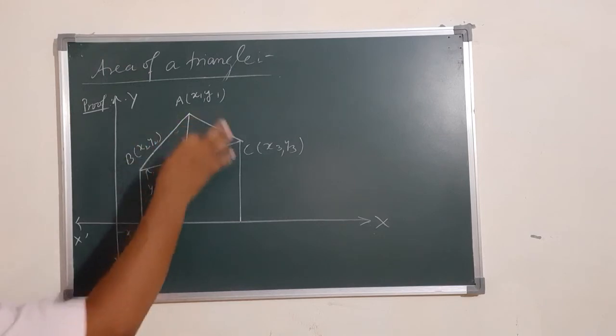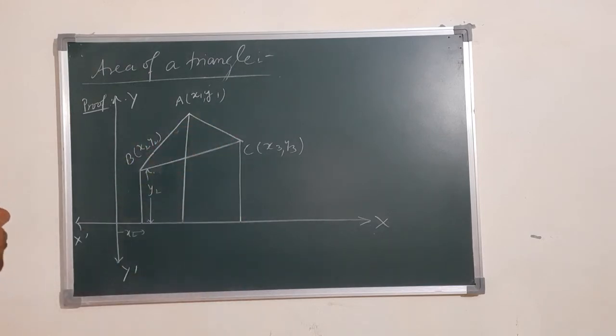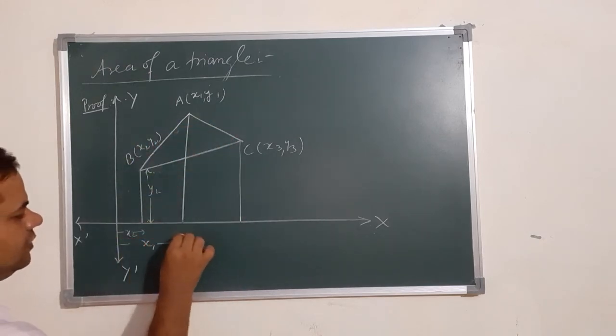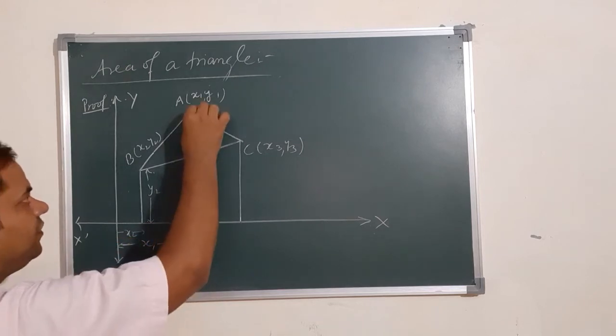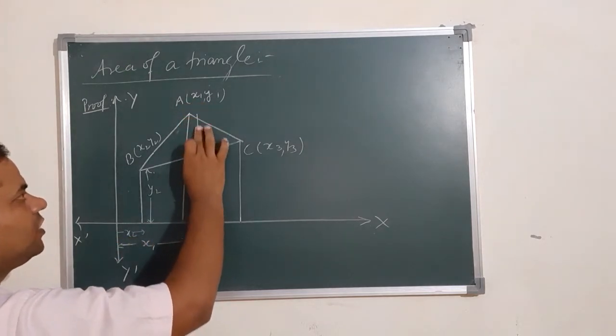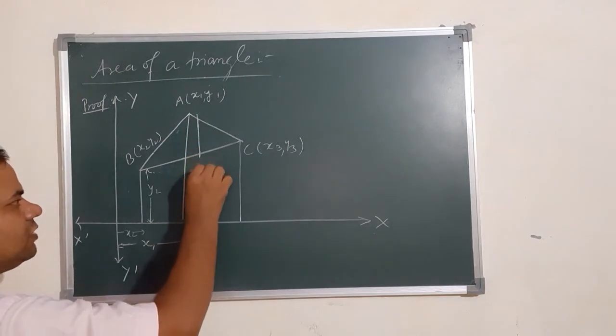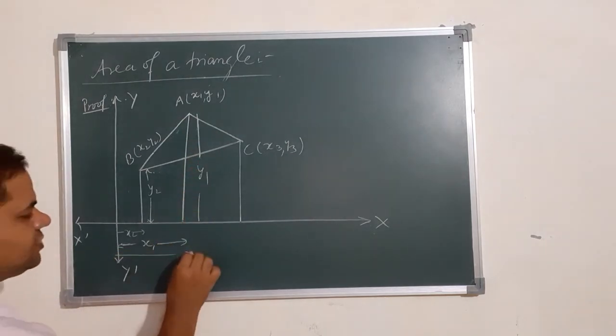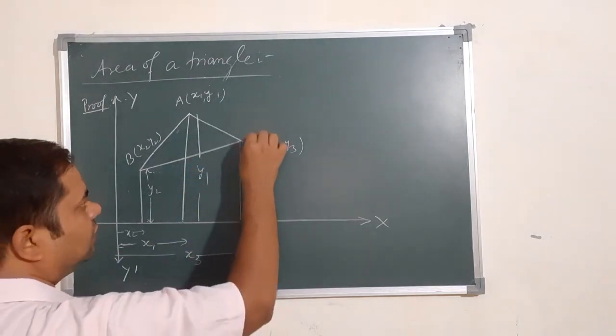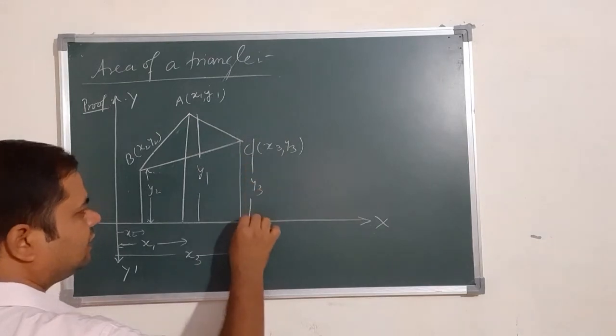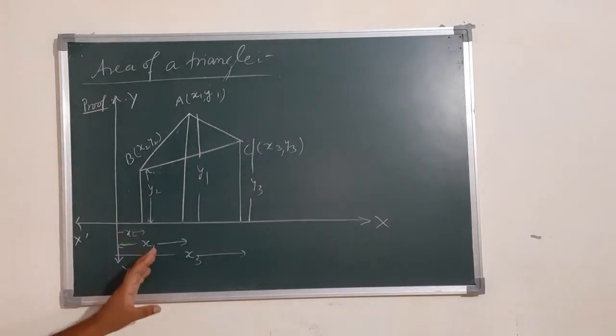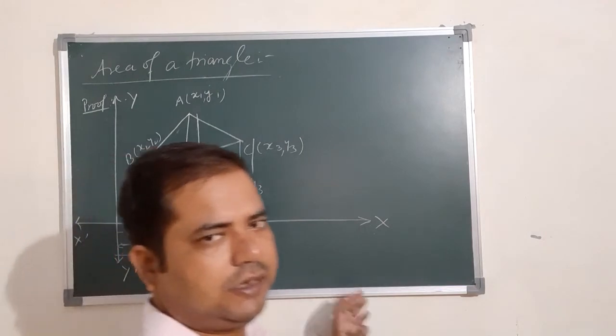Similarly, suppose this is the x1, this is the y1, and this is the x3, this is the y3. So any one of the sides, if you want to find, you can find it easily.